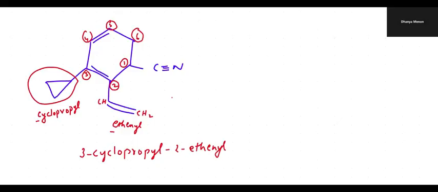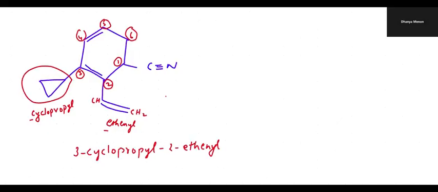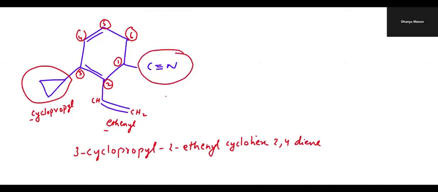There are 6 carbon atoms in the ring, so cyclohex. And the double bonds are at the second position and the fourth position, so 2,4-diene, because there are 2 double bonds. And for CN that is connected directly to the ring, we use the suffix carbonitrile.